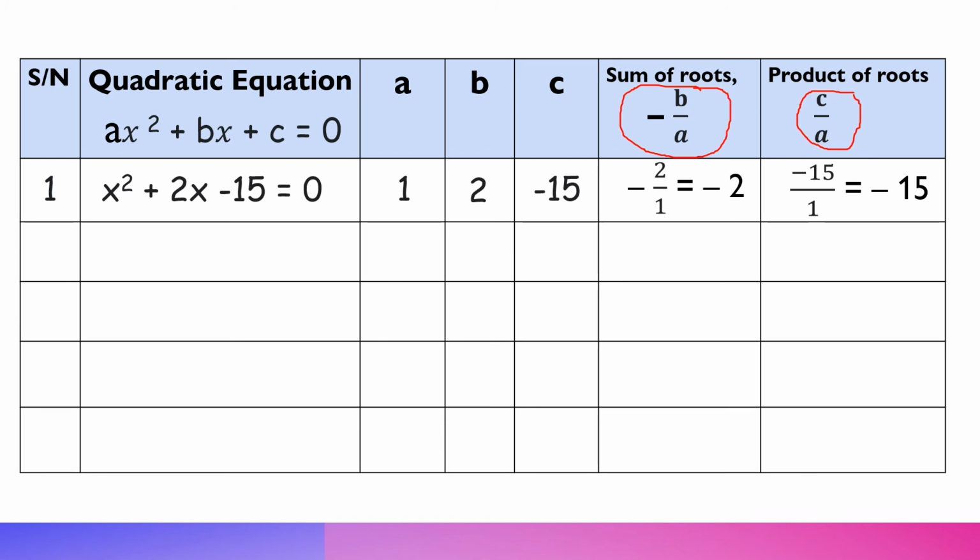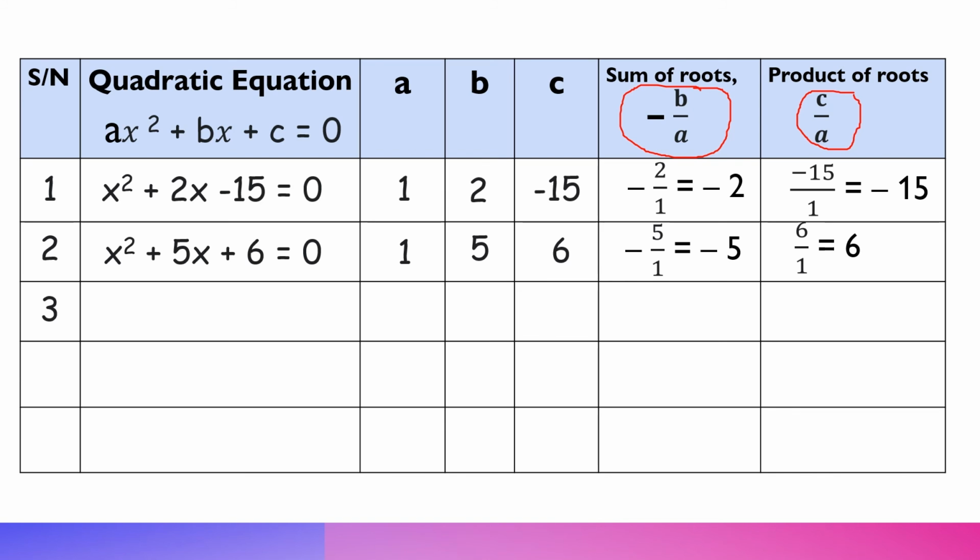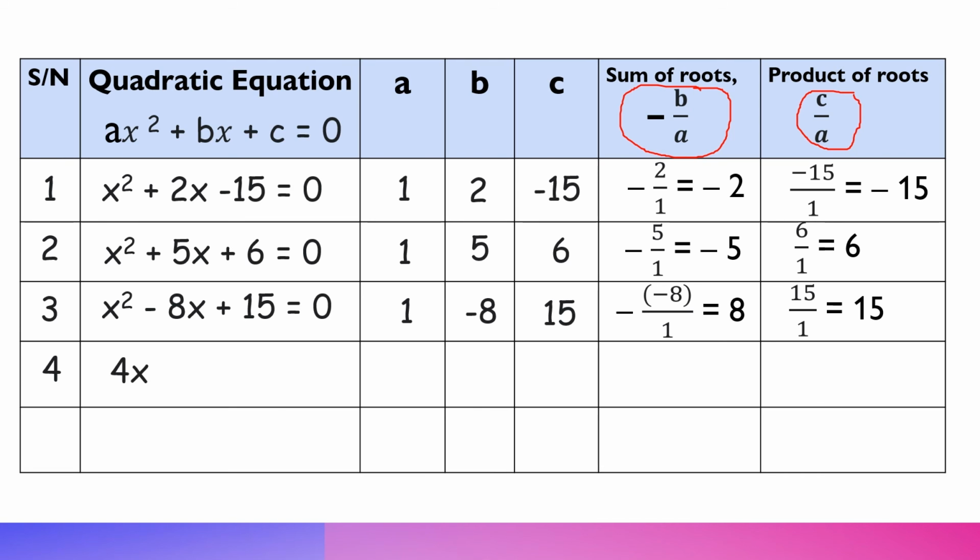So let's look at the next example, and let's look at the solutions. So we are actually establishing the sum of roots and the product of roots of the quadratic equations without calculating the roots.